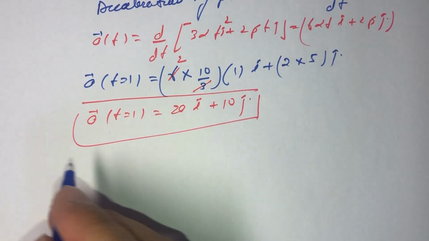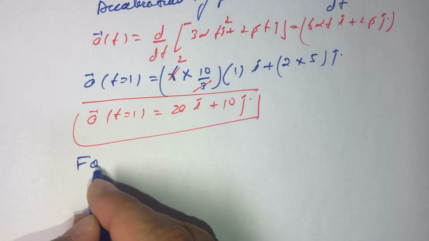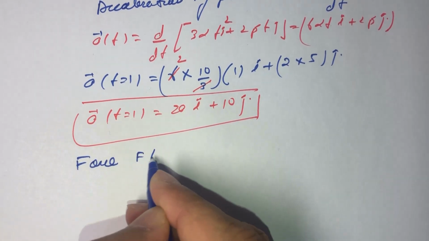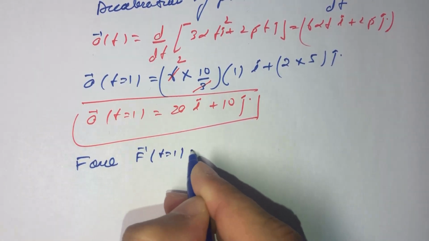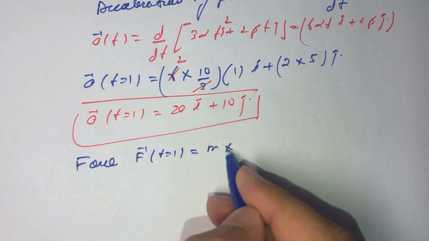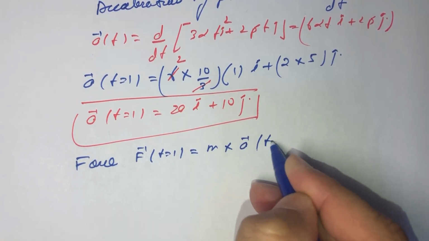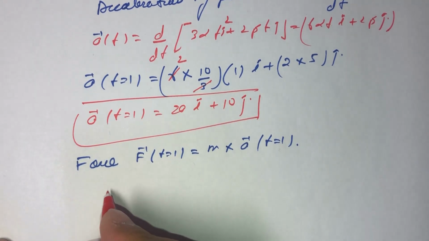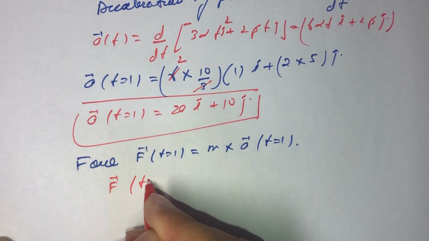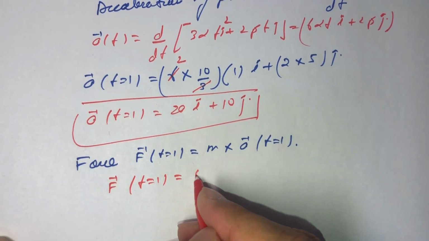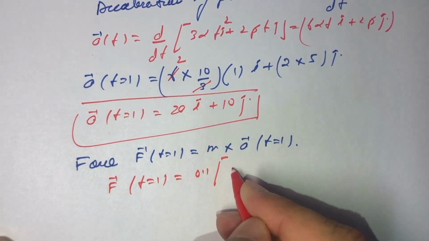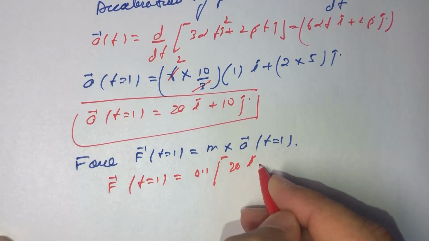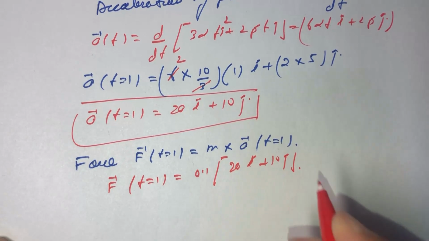So force F at t equal 1 second will be equal to mass multiplied by acceleration at t equal to 1 second. So we get force at t equal to 1 second, mass is given as 0.1, and this is our 20I plus 10J.